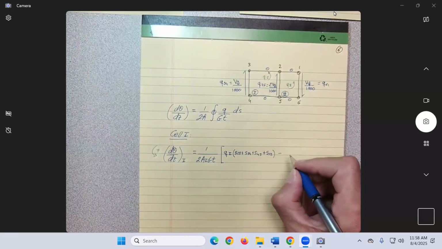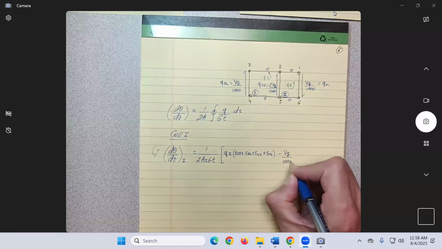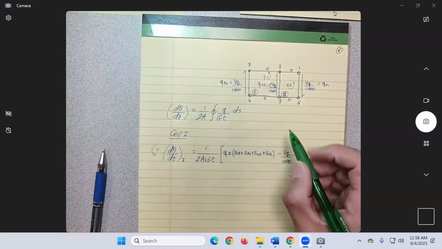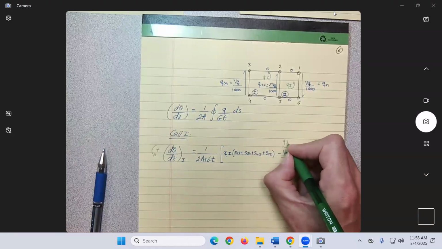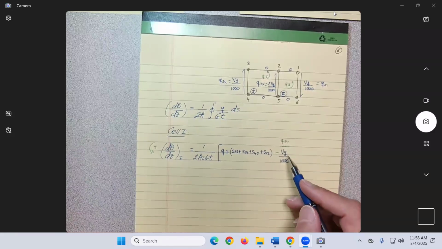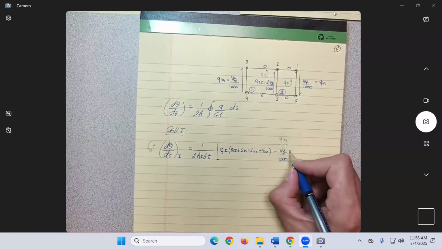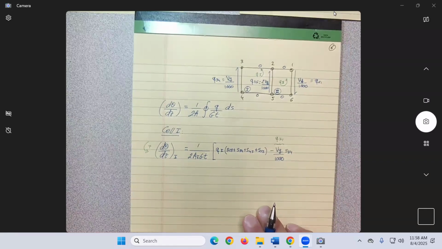So we want minus the Vy over 1000, which is really this term, Q34. All right. This one will be acting over which length? S34.